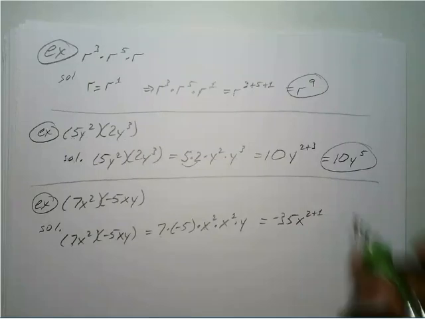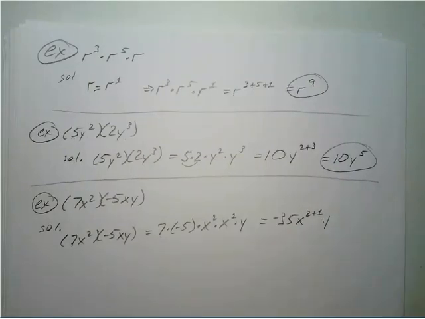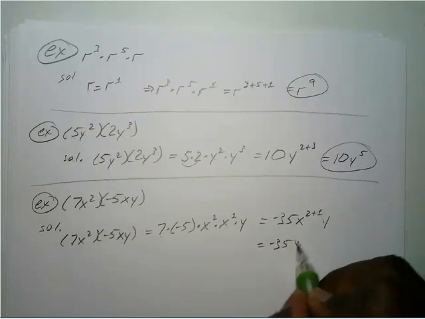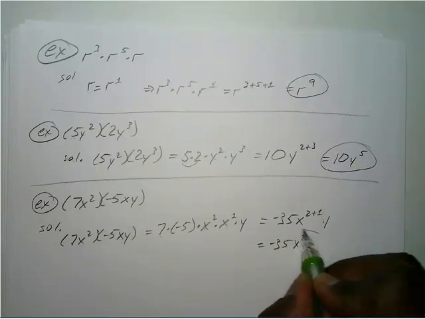And y is just y. It doesn't combine with anything. So that's negative 35 x to the 3rd y.